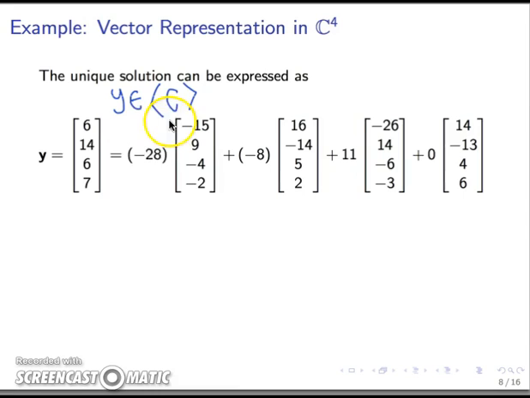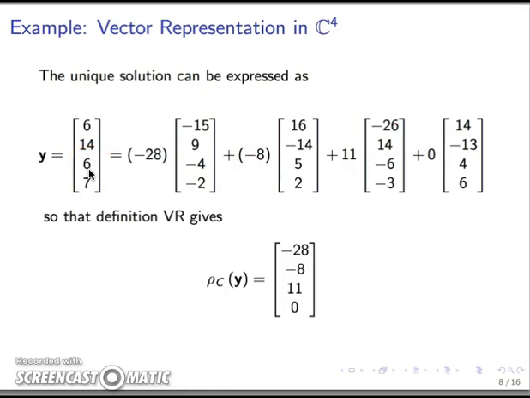And the process of asking that question, which leads to calculation of the solution set, we find that there are scalars, -28, -8, 11, and 0, for which this linear combination with those scalars exactly equals the vector y. And therefore, we collect the scalars -28, -8, 11, and 0.